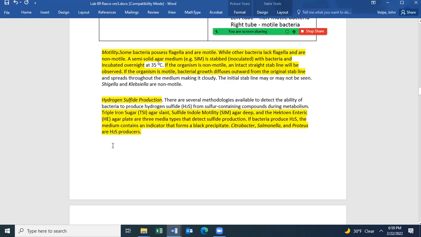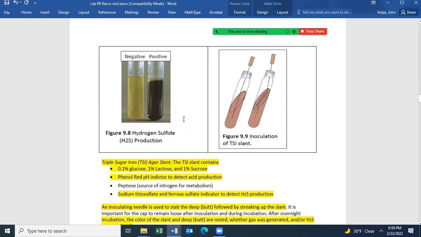Citrobacter, Salmonella, and Proteus produce hydrogen sulfide, and they will turn the tube black. An organism that doesn't produce hydrogen sulfide will not turn the tube black. In this case, the color is unchanged. And in this case, it's also a yellowish color. But for the TSI tube, if it's hydrogen sulfide production, you'll see black in the bottom of the tube.